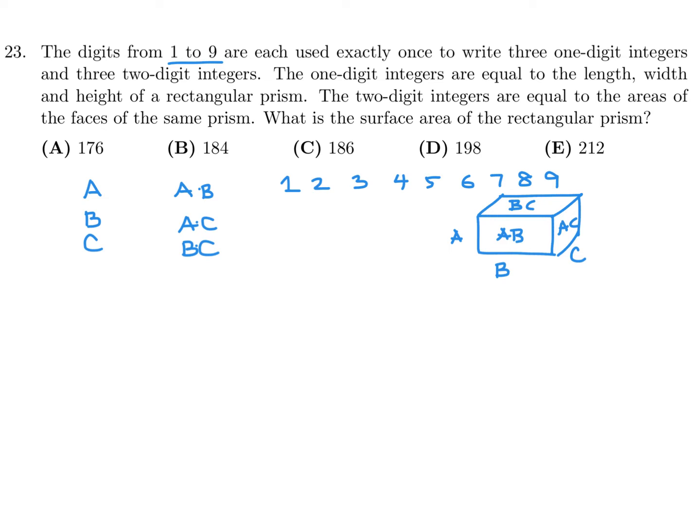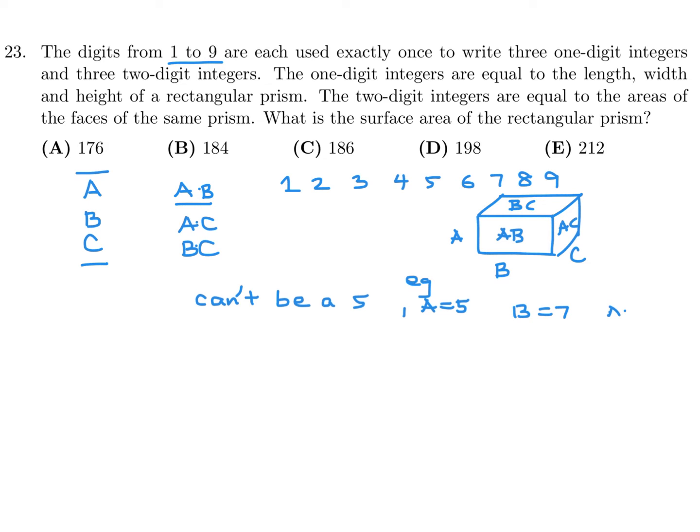So the first thing I noticed is that A, B, and C, these three guys over here, none of them can be a 5. And I said, well, why? Because let's say A was 5. Then you'd have to multiply it by B in order to get this guy. Now, whatever B is, let's say B was 7.